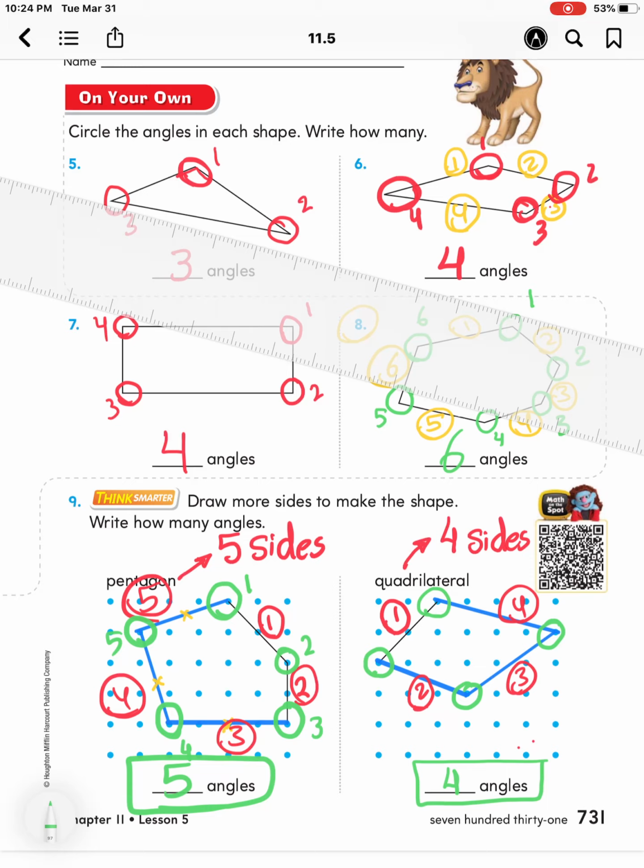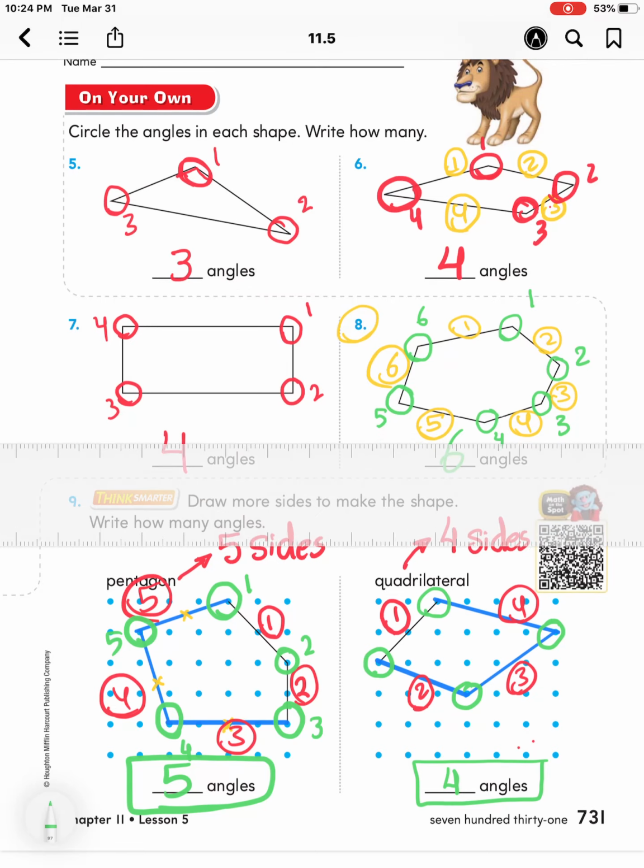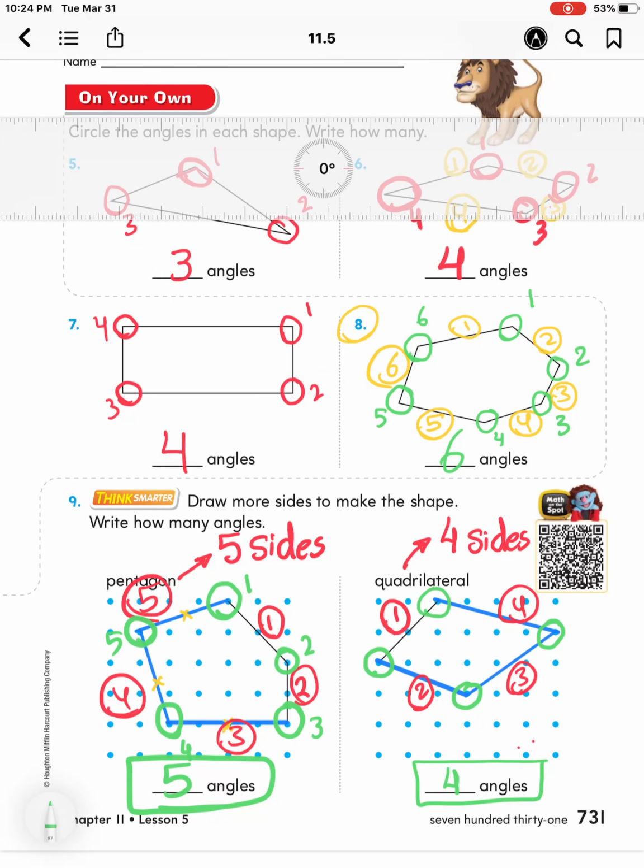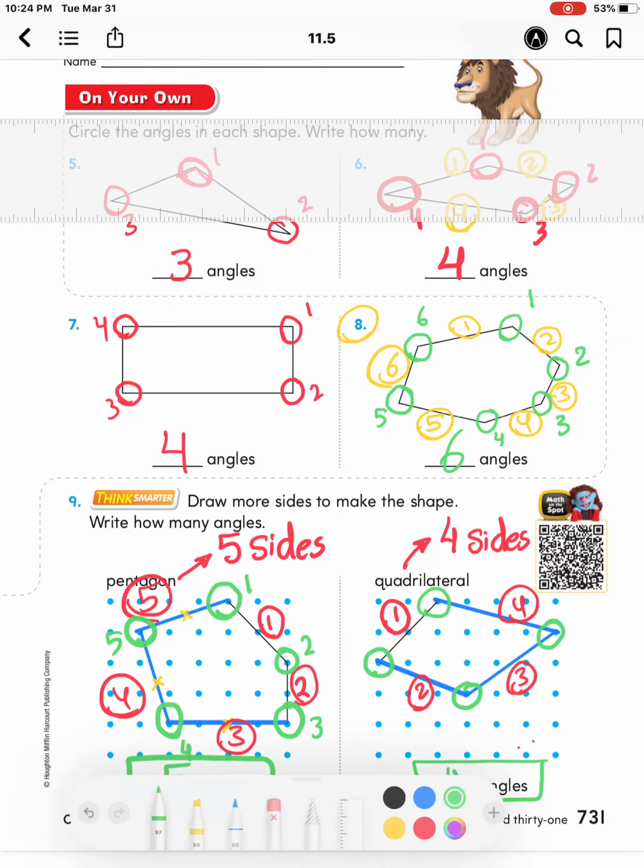So a shape with 4 vertices also has 4 angles. A shape with 3 vertices also has 3 angles. So I would write it up here, okay?